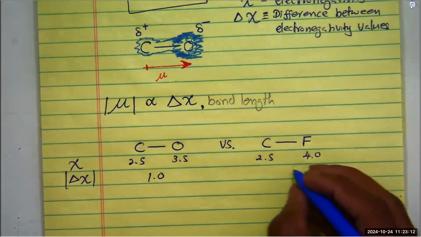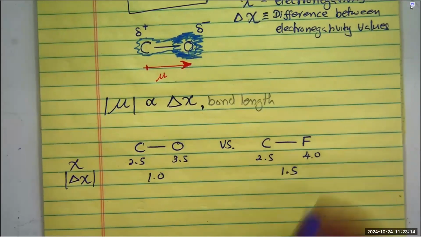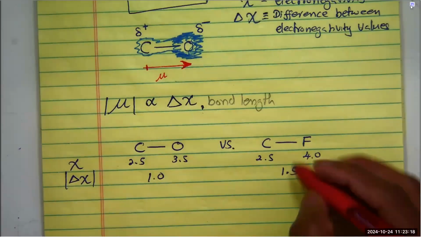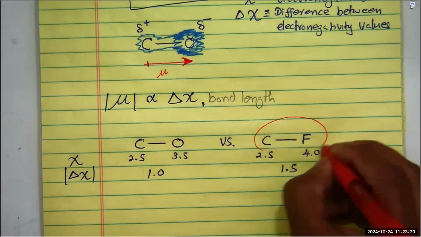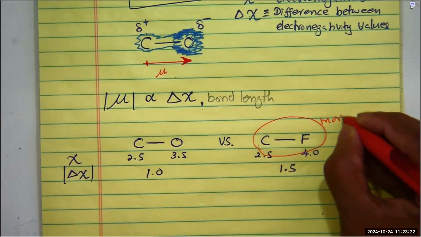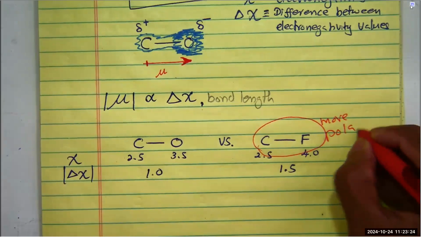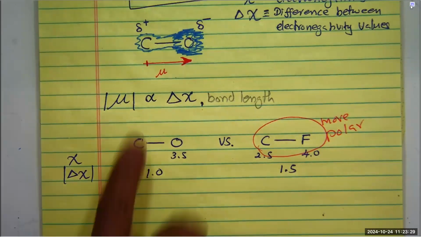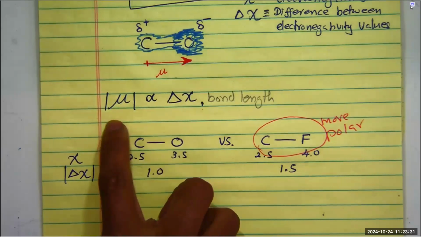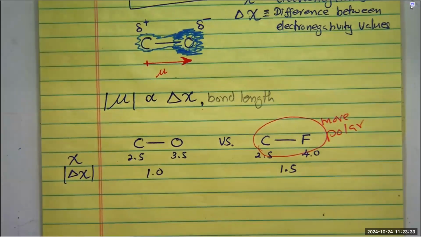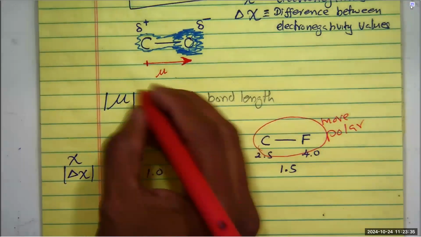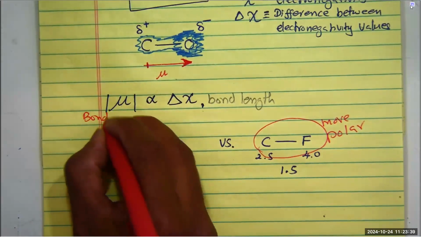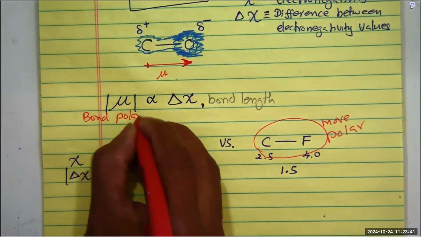For CF bond, it is 1.5. Because you have a higher electronegativity difference, CF bond is more polar. That is, the greater the electronegativity difference, the higher the bond polarity. Remember, here we are talking about the bond polarity.